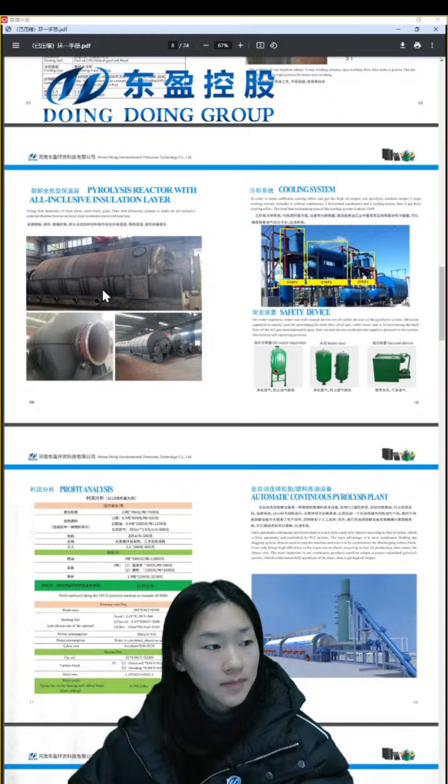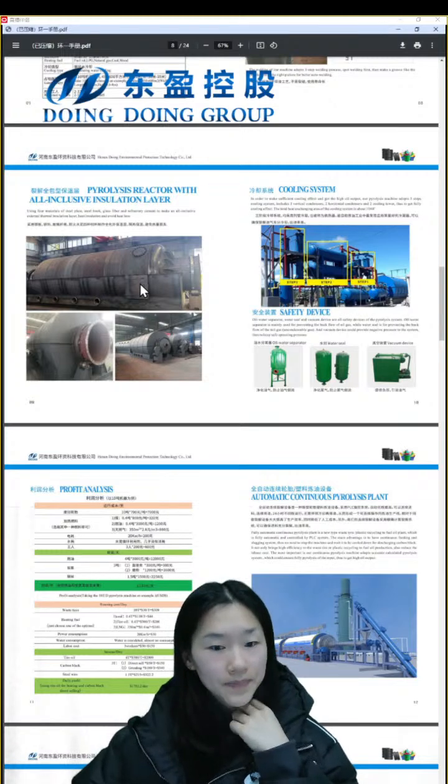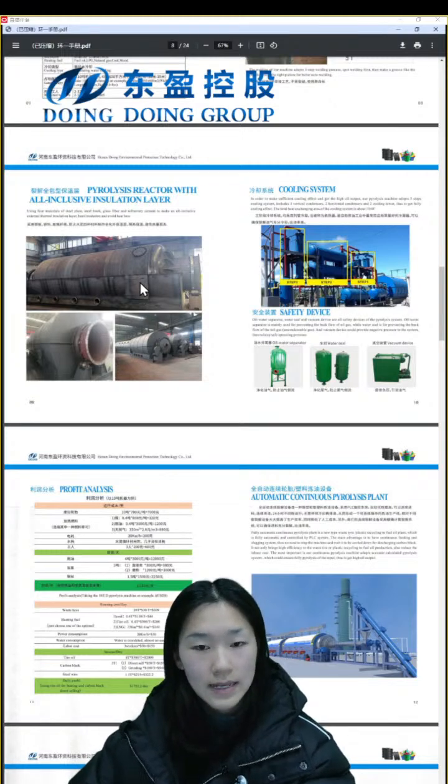Firstly, it protects the workers around the machine. And the second benefit is it can save the fuel oil.